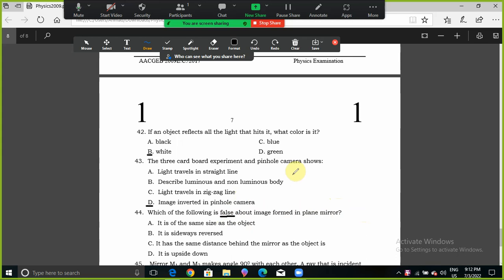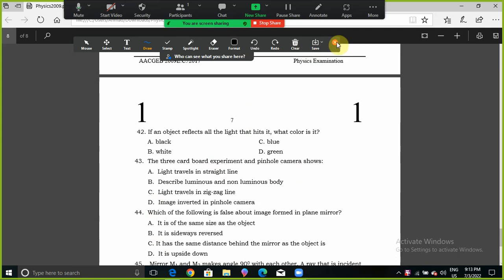First, it is of the same size as the object. Yes, it's correct. It is sideways reversed. Yes. It has the same distance behind the mirror as the object is. Yes. It is upside down. No, it's not. Because the image formed in a plane mirror, all of these are correct except upside down. So the answer for question number 44 is D.